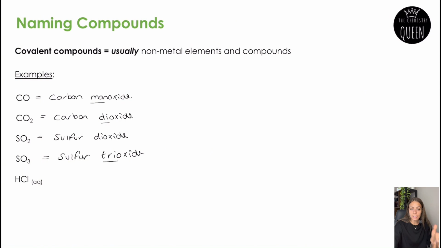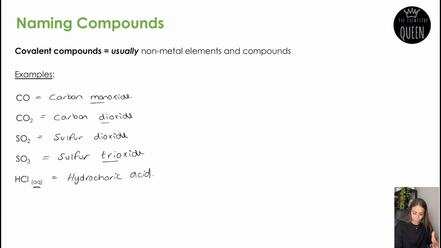Now, you obviously need to learn the common acids, so I'm going to list them. So HCl, you've got to be careful because HCl, when it's aqueous, so dissolved in water, is behaving as an acid. So we would call HCl hydrochloric acid. Because if you remember, acids are defined as substances that release H+ ions when dissolved in water, so when they're in solution.